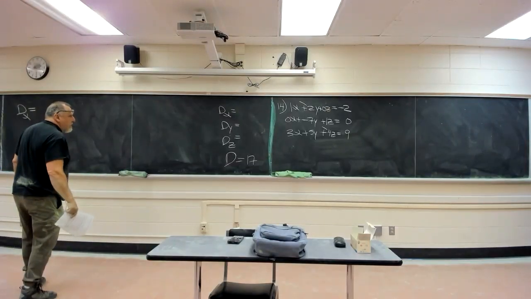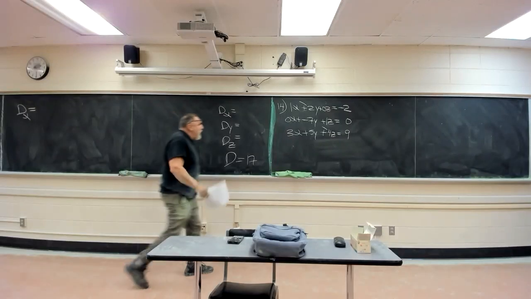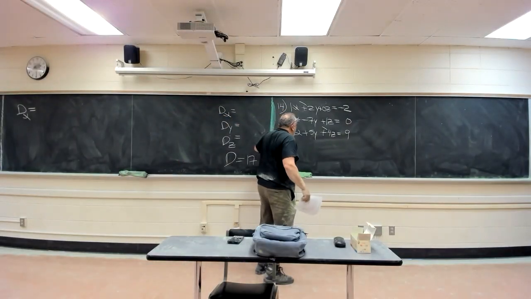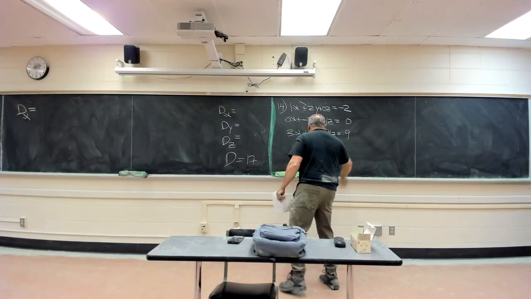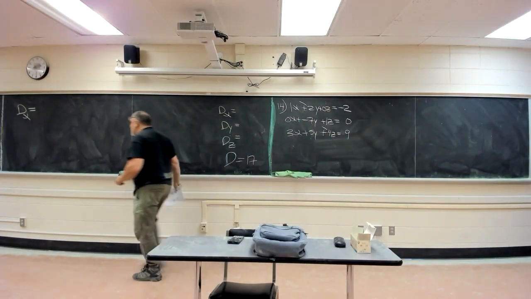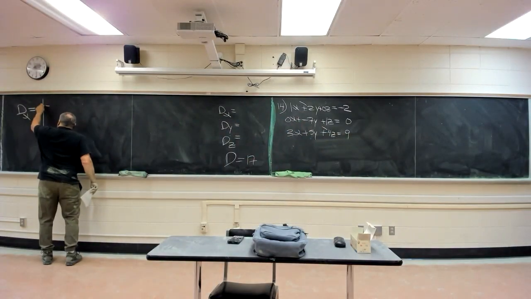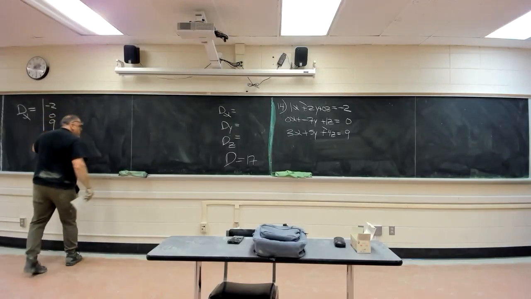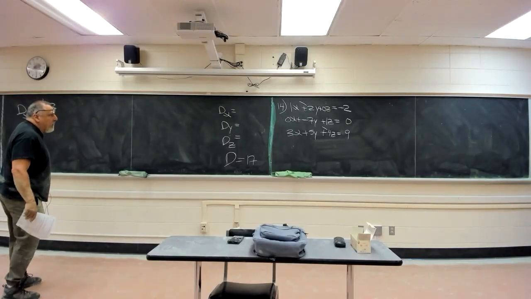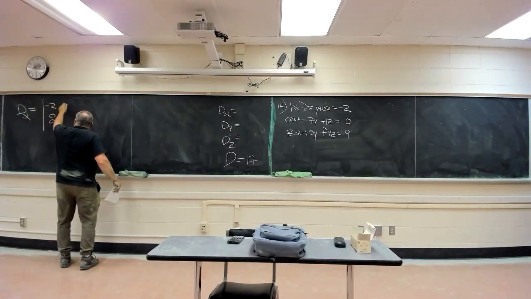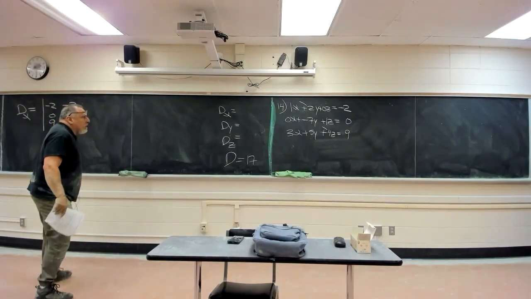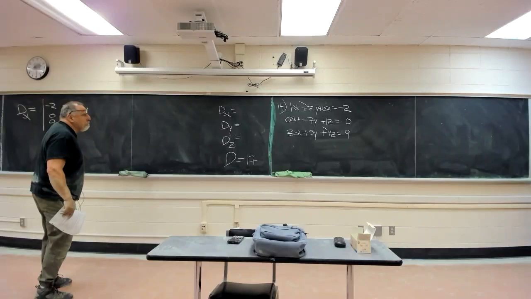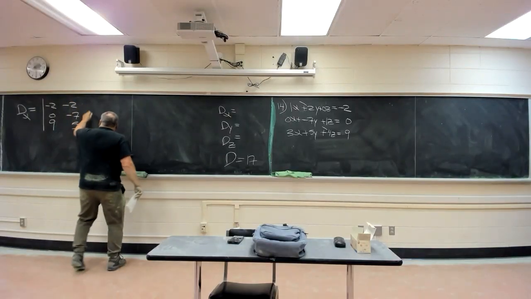For d sub x, you're going to replace the first column with the column of constants at the end over here, the -2, 0, 9. So we got -2, 0, 9. Everybody else is okay then. -2, -7, 5. See what else we got here. Right. We got 0, 1, -4.